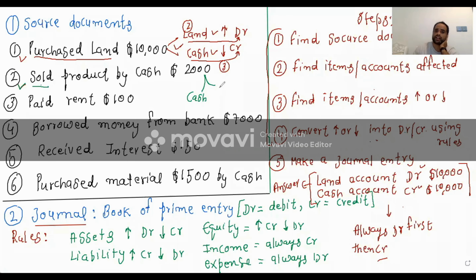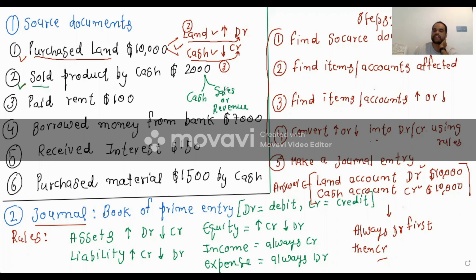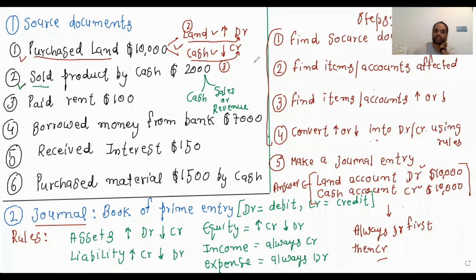So I will call it sales, or you can call it revenue. Sales means obviously you sell product or service. Revenue means money that you earn by selling something. So these 2 accounts are affected.